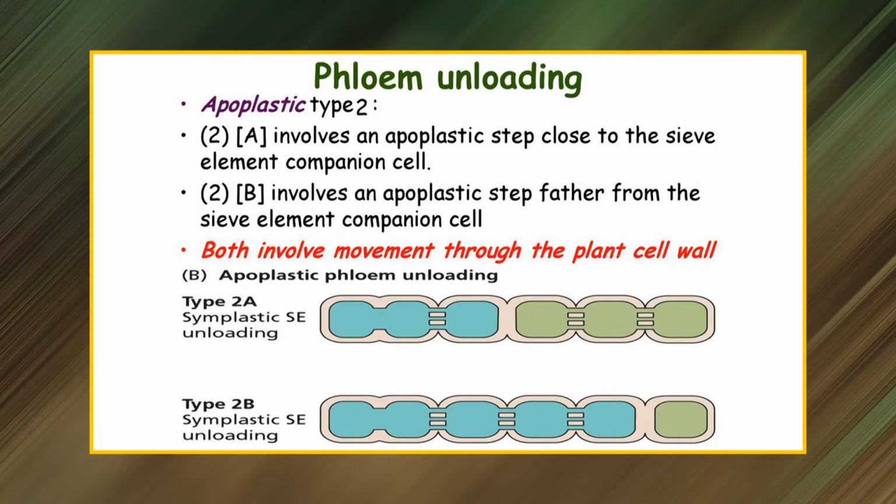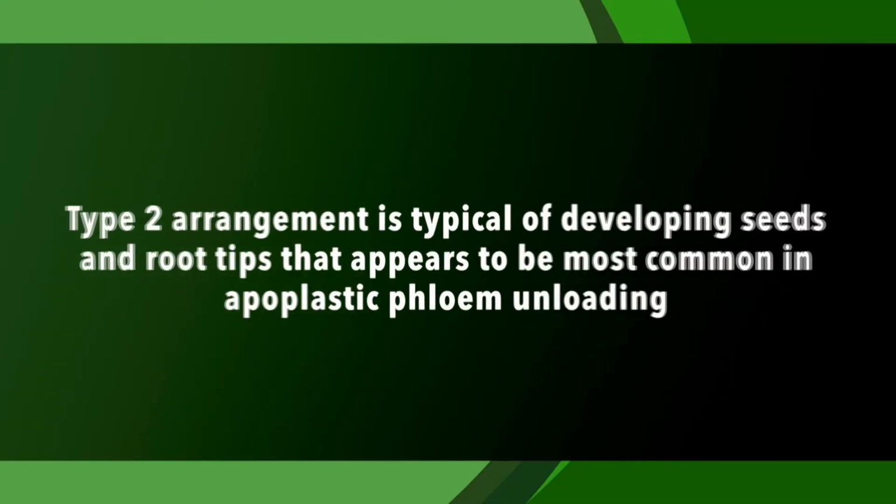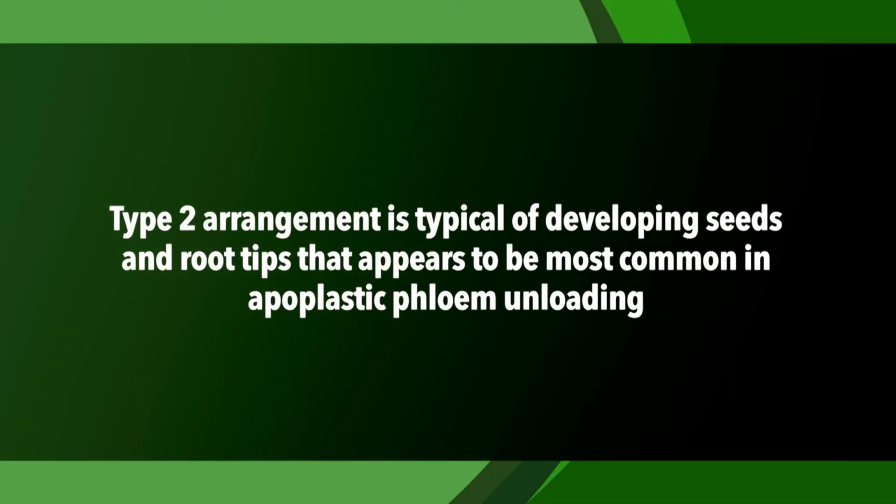When the apoplastic step is in close vicinity of sieve elements, it's called type 2A phloem unloading, and when it is further removed from sieve elements, it's called type 2B phloem unloading. This type 2 arrangement is typical of developing seeds and root tips and appears to be the most common in apoplastic phloem unloading. Release is insensitive to metabolic inhibitors and therefore does not involve any energy dependent carrier.